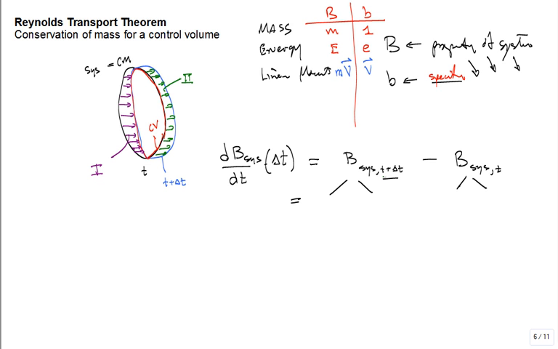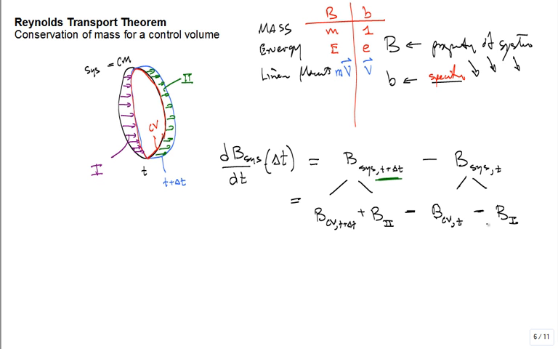So the system at time t plus delta t is what's in the control volume at t plus delta t plus what is in region 2. See that notation? All right. Minus what is in the control volume at time t, and what is in region 1.